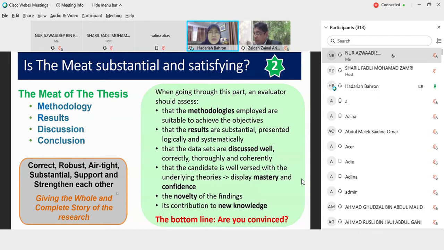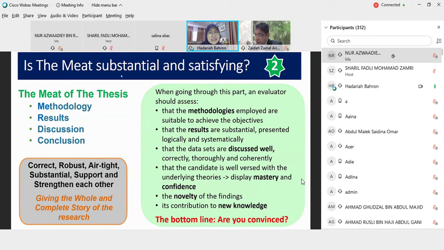Definitely, you don't have to be doing something that is rocket science, but it has to be well presented, correctly presented. You must display your mastery and your confidence in that subject. So that is the meat of the thesis.